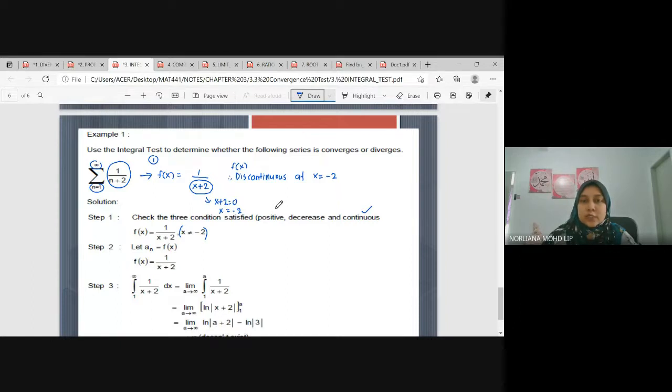Okay, then to prove the positive or decreasing function, you have to substitute. Let x substitute into this function lah.